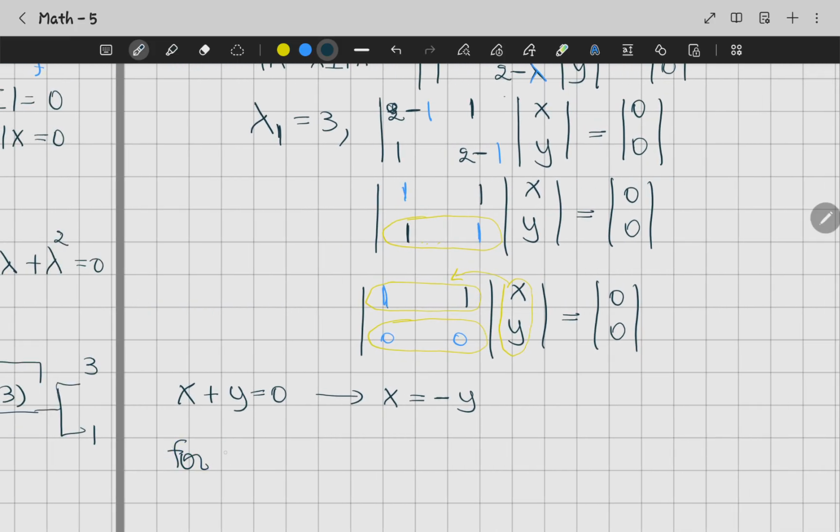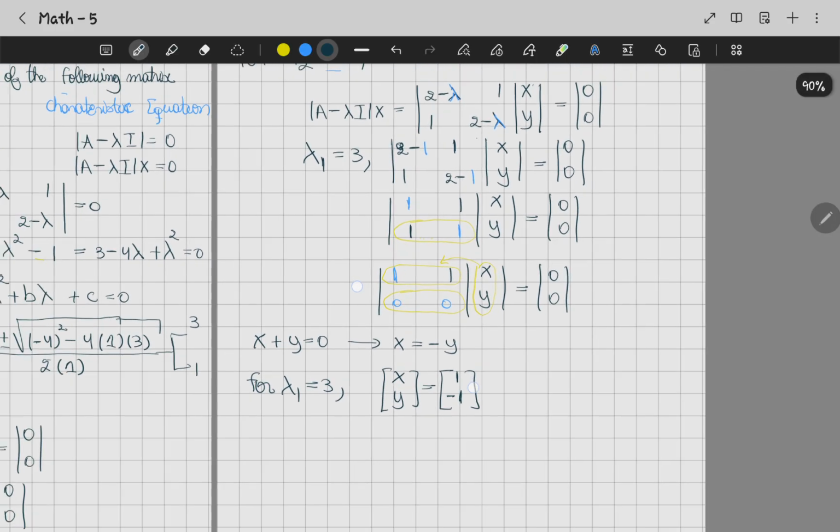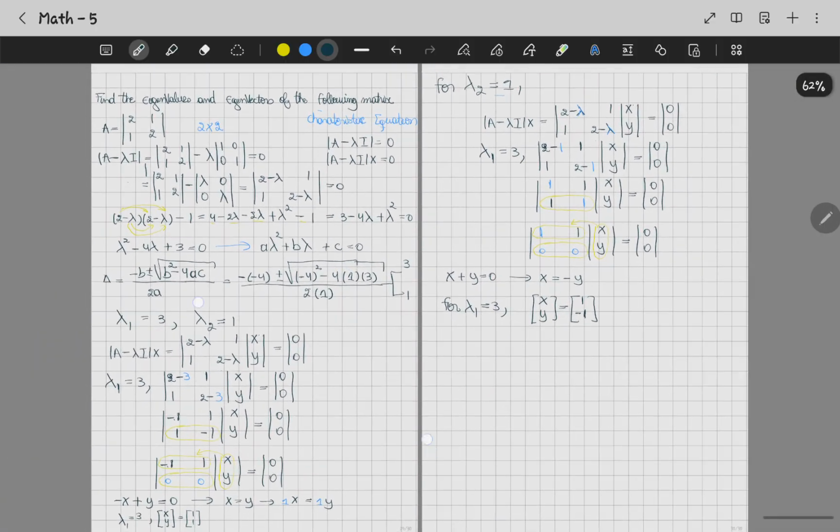After we got to this, we can say that for the eigenvalue of 1, we got x and y. We can even write it the other way around, but since we see x equal to 1 and y equal to negative 1, this is the answer to the second one.